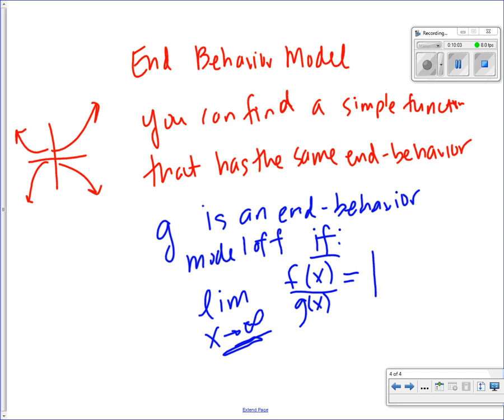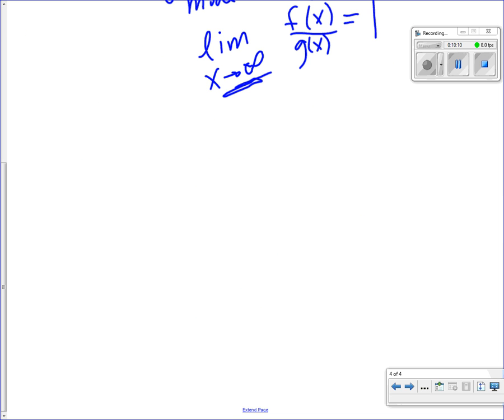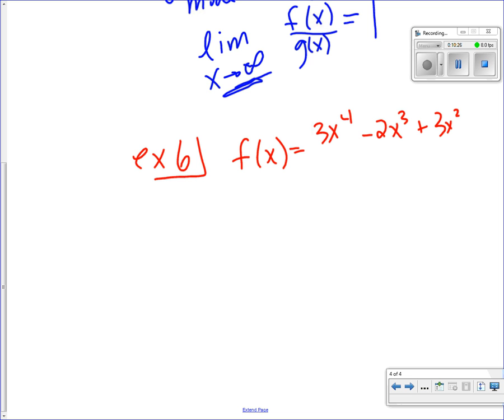Let's look at example 6 of your textbook. We have this function, f of x equals 3x to the 4th minus 2x to the 3rd plus 3x squared minus 5x plus 6 all over 3x to the 4th.